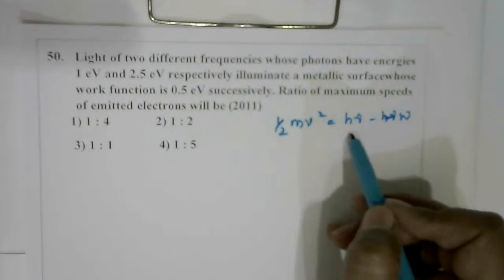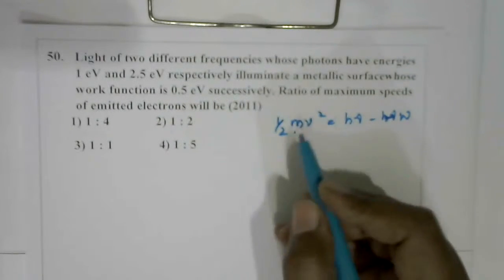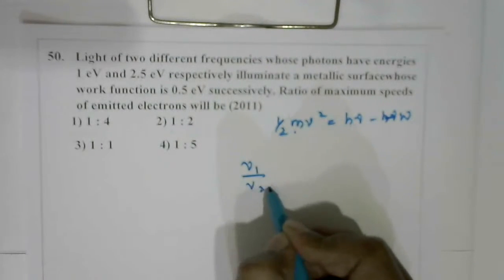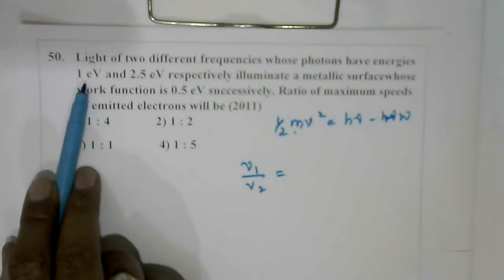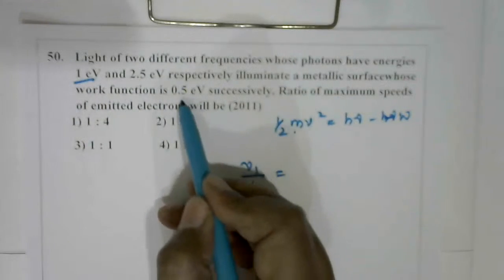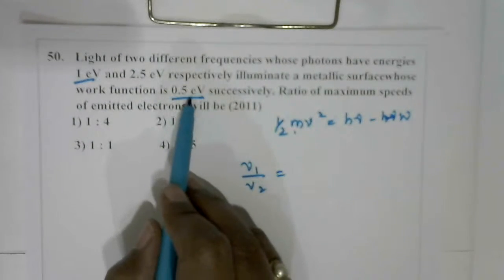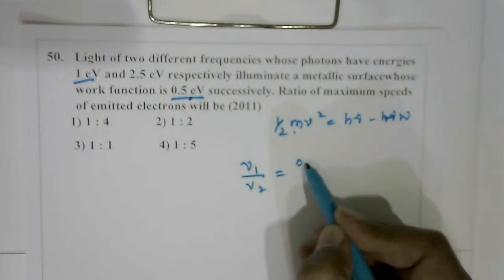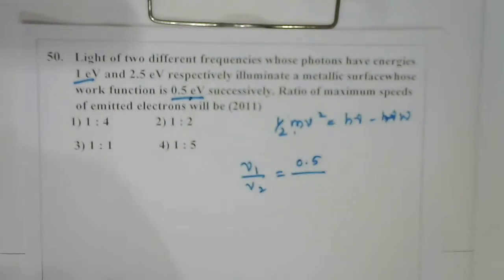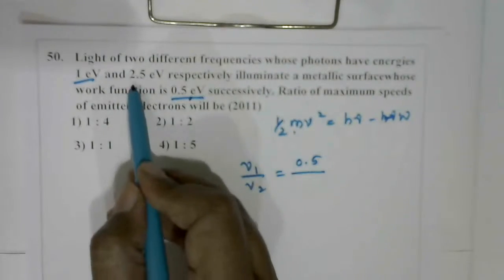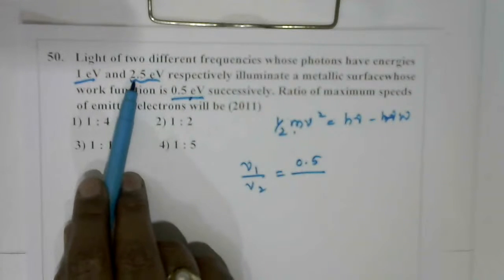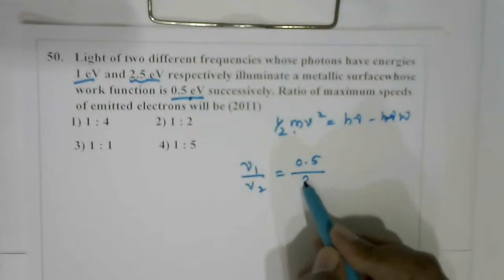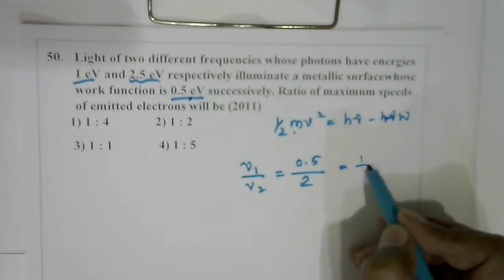So when I go with this, it will cancel directly, and I can write V1 by V2. Initially you have 1 electron volt and the work function is 0.5. So 1 minus this becomes 0.5. In the second case, the work function remains the same, but the incident energy is 2.5. So 2.5 minus 0.5 is 2. That makes 1 is to 4.